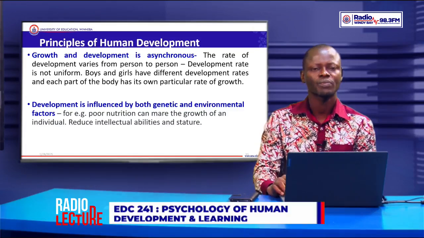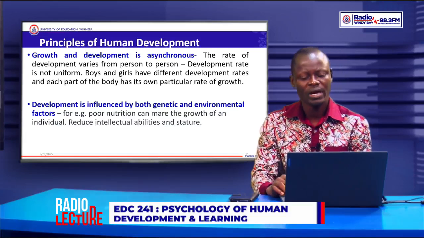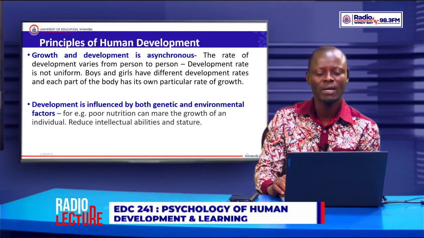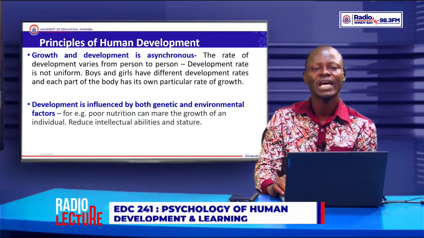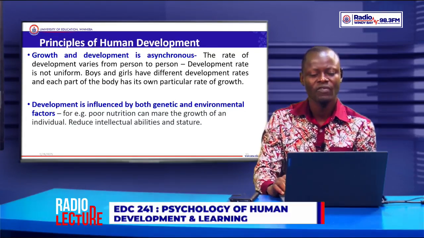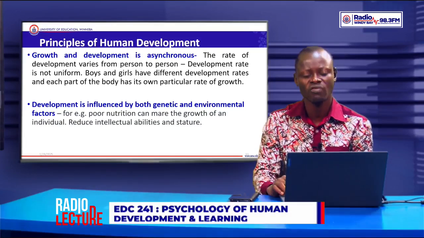The next principle of growth and development is that development is influenced by both genetic and environmental factors. At times, we term these factors what? Nature and nurture, which means that the environment and the genetics all come together to determine how you are going to develop as an individual.